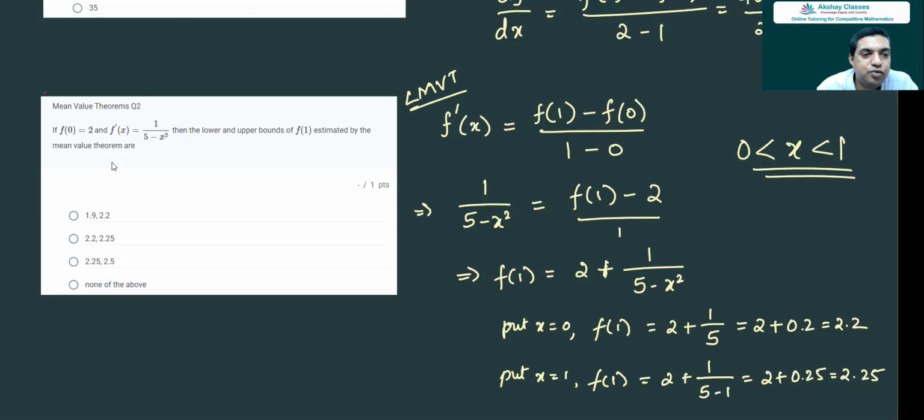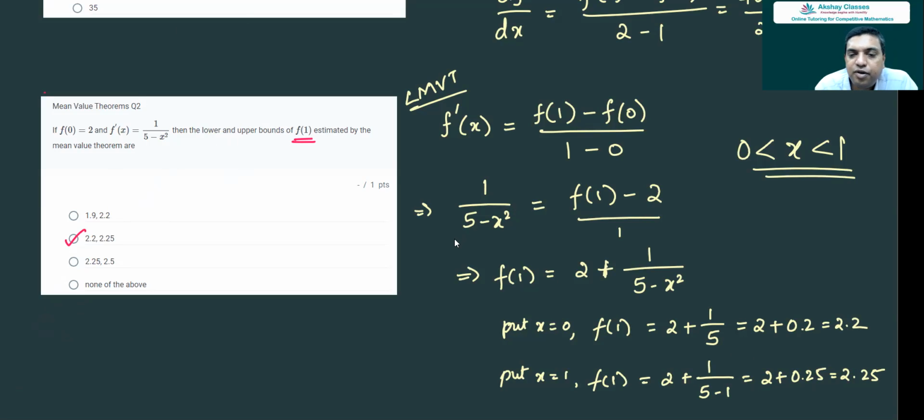So 2.2 to 2.25. So this was a previous year's GATE question, applying the lower bound and upper bound. What could be the maximum or minimum possible values of f of 1? So just by logic, we have to do.